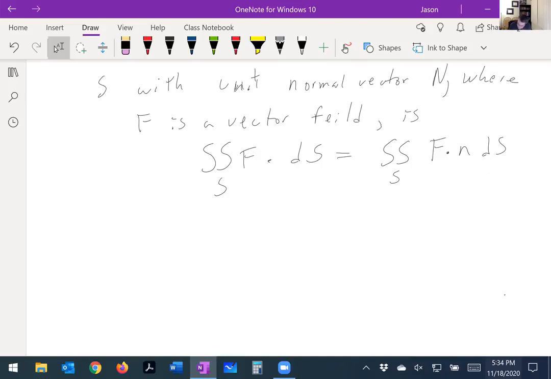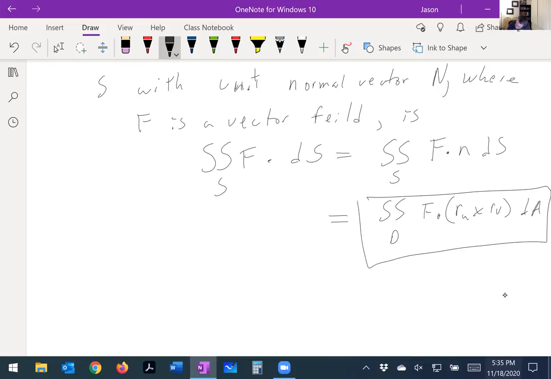Okay, so this is a vector field F, which is equal to the double integral over D of F dot (r_u cross r_v) dA. So this is a vector field where we can take this surface integral and turn it into a double integral.